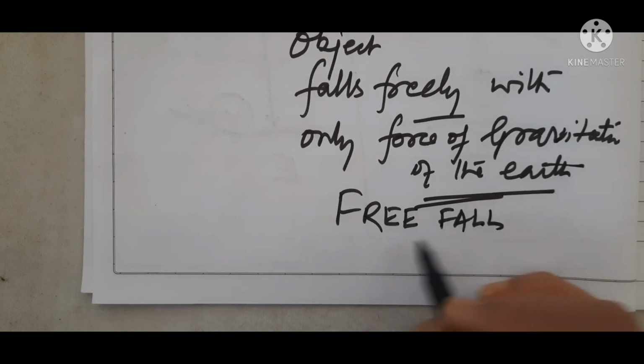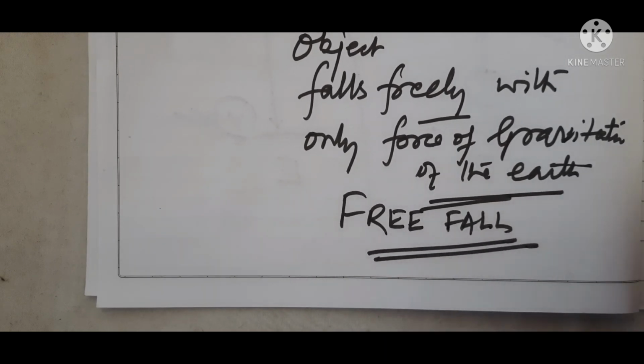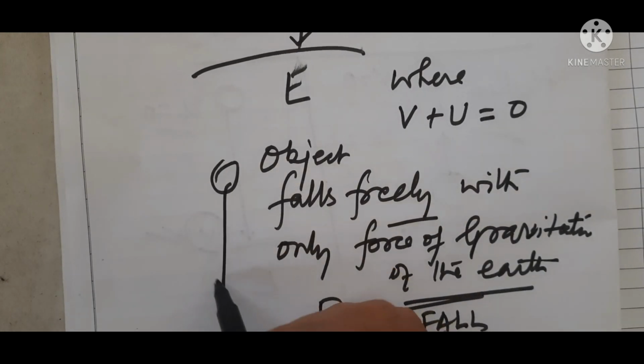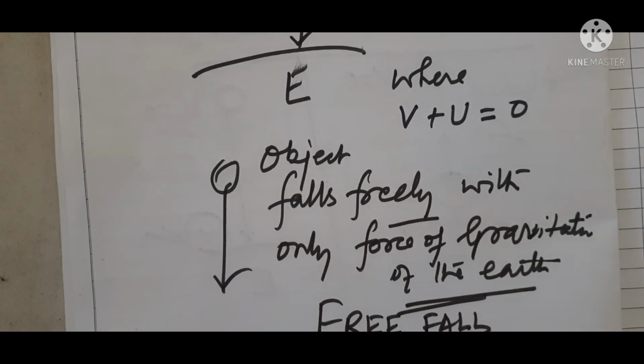There should not be any kind of retarding force or resistive force. Only one force, that is the force of gravity. Right? These are the main points of recapitulation of this particular chapter.